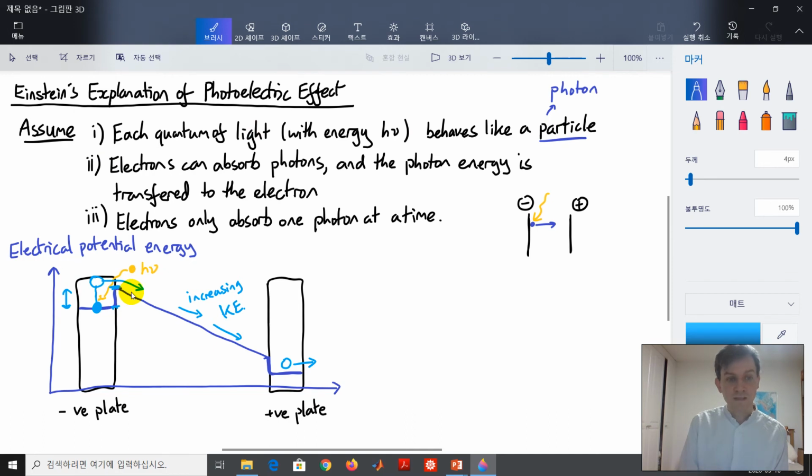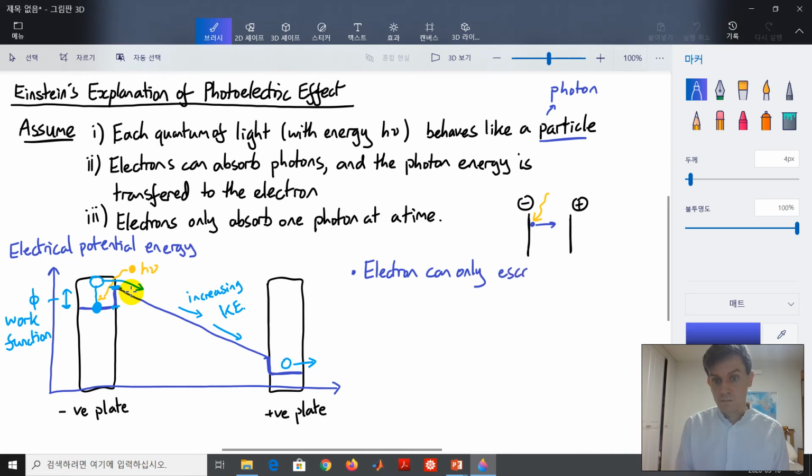If we imagine that this energy gap is given by a symbol phi, which is known as the work function of the metal, then the first point to note is the electron can only escape if the energy it gains is greater than this work function phi. So the energy it gains is just the energy of the photon, which is h nu, and this must be greater than phi.